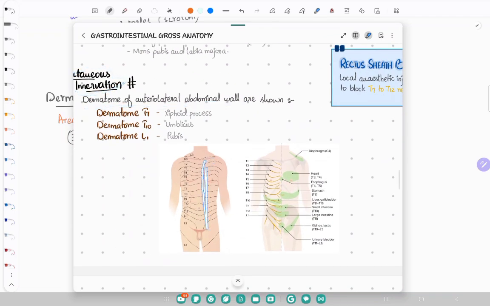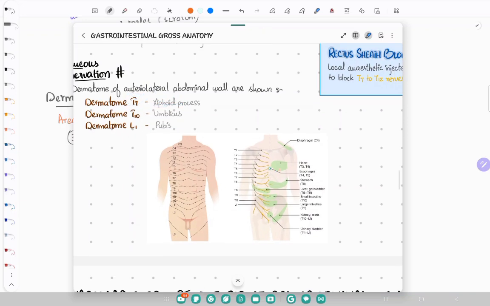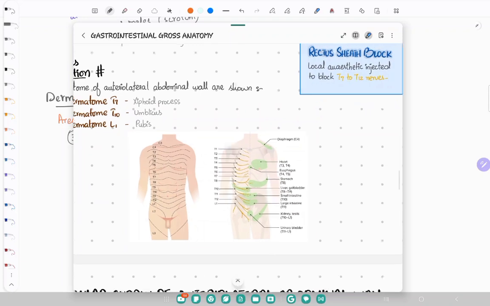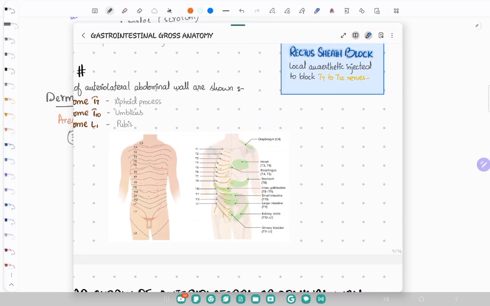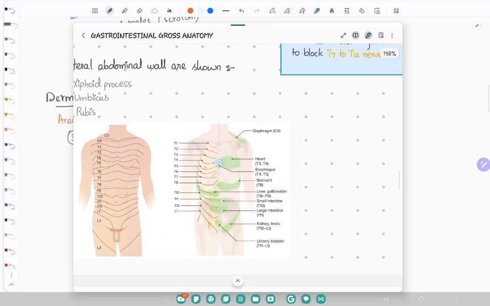There are many dermatomes present throughout the anterior abdominal wall, but the three most important of them are T7 located at the xiphoid process, T10 at the umbilicus, and L1 at the pubic region. The significance of these dermatomes is that they help to locate the structures present behind them.